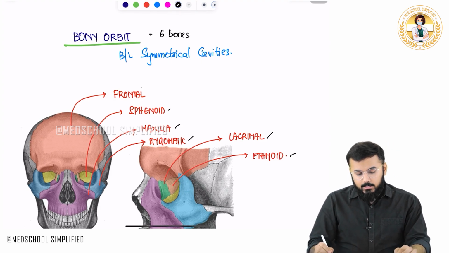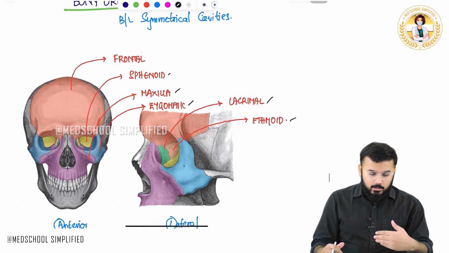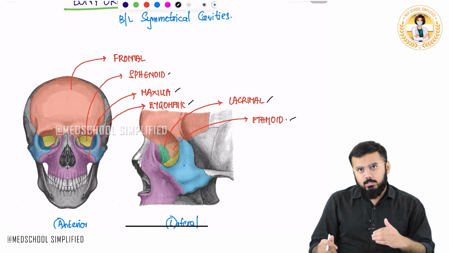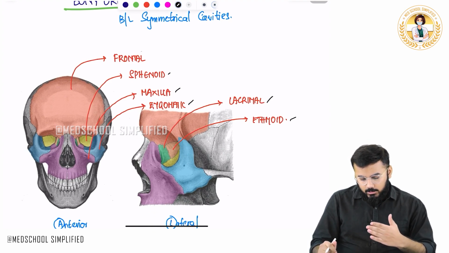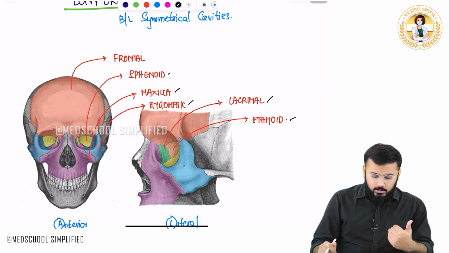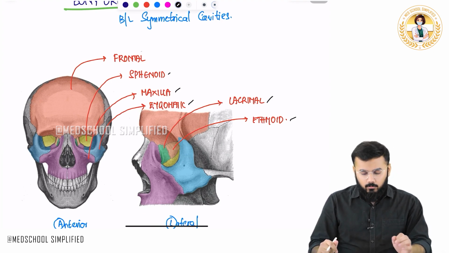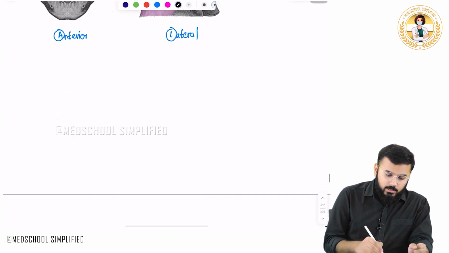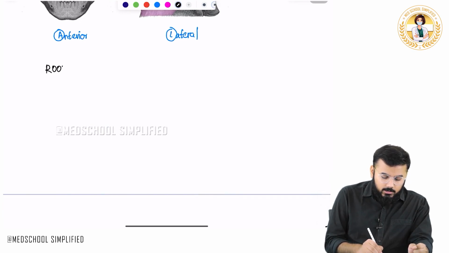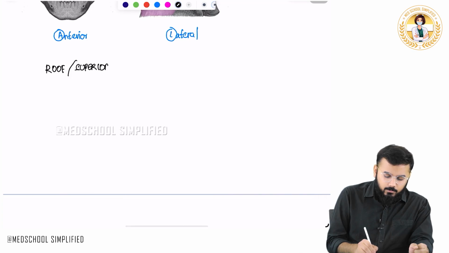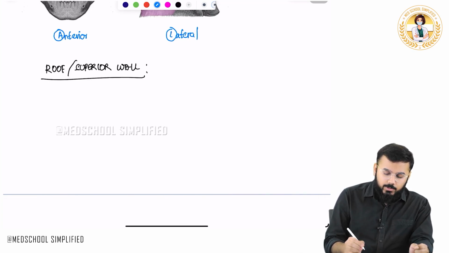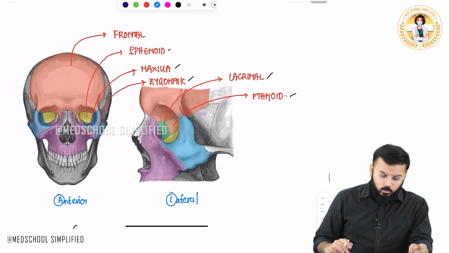Now we will discuss what structures form the roof, the floor, the medial wall as well as the lateral wall. First we will discuss what structures form the roof. The roof is also called your superior wall. By looking at this picture, you tell me which structures form the roof.